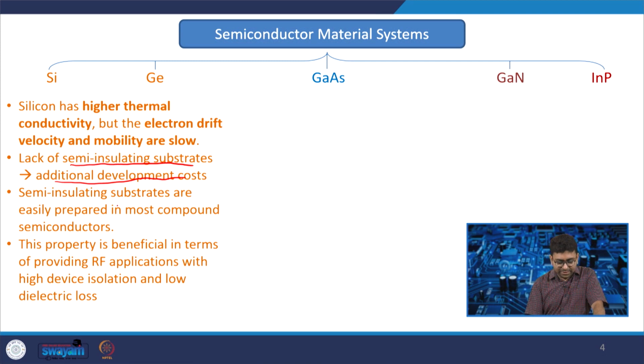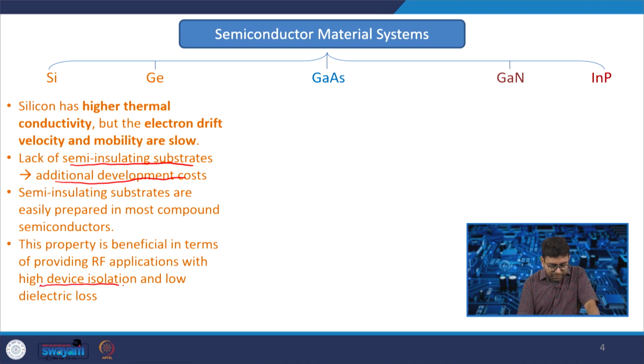Semi-insulating substrates are easily prepared in most compound semiconductors. That is the advantage of using GaAs or GaN for many RF applications, where you have more passives than active components. This property is beneficial in providing RF applications with high device isolation and low dielectric loss.